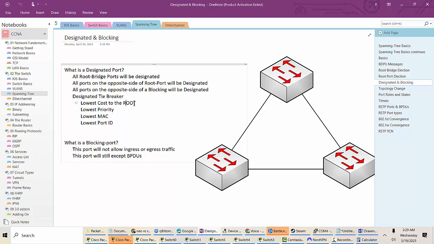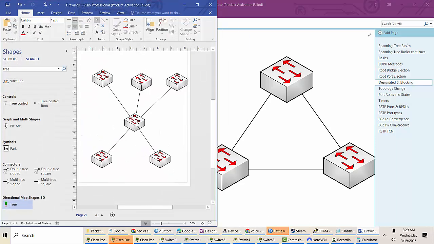Now, I know what you're saying. How is it possible to have the same MAC address? It is when we go back to this topology here, and we have this type of scenario.